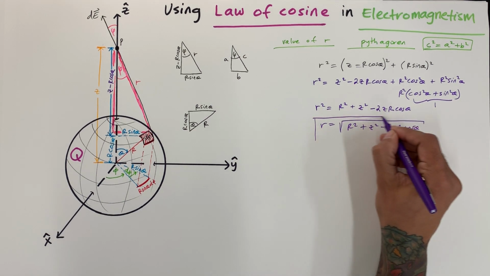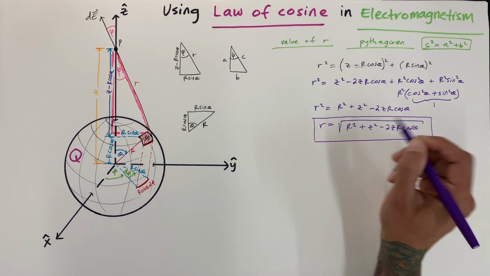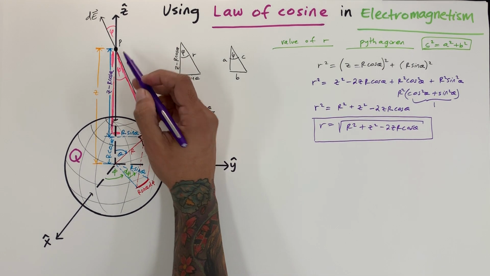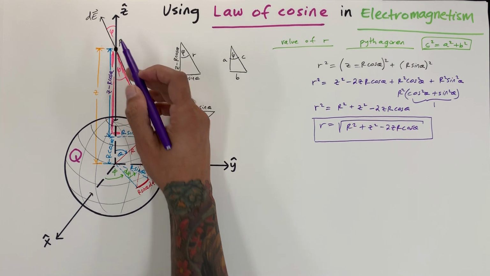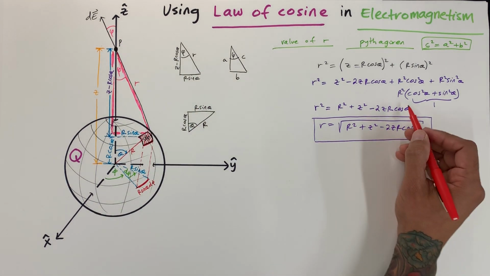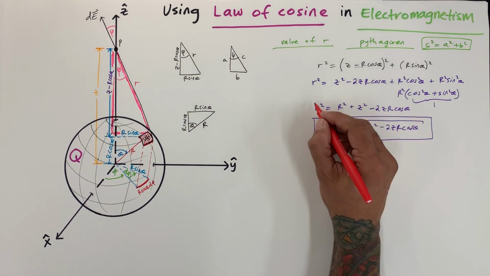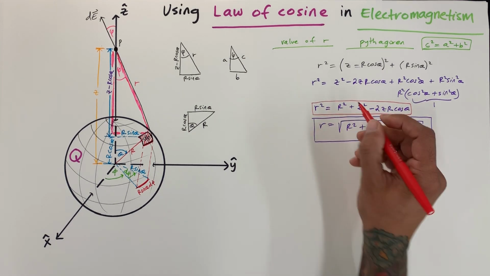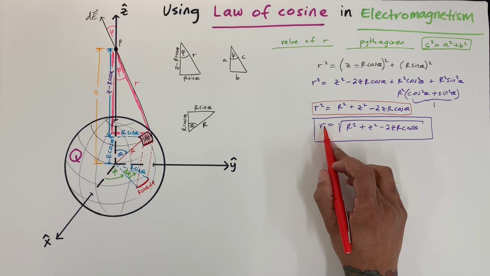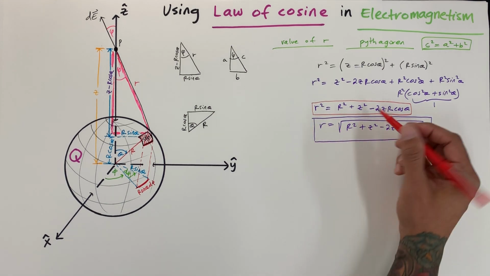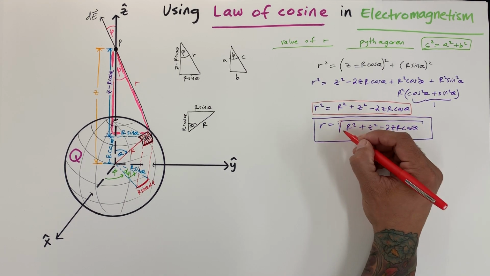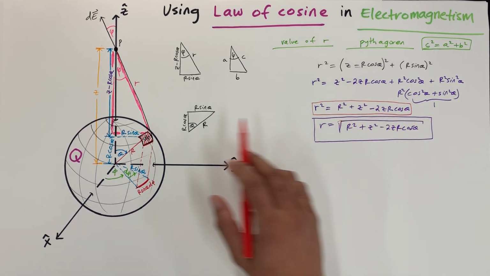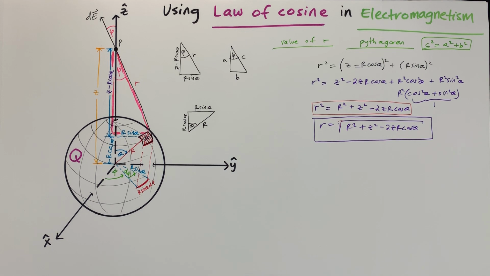This is the radius from the charge of the sphere to the point, and this up here is the law of cosines, which is the same thing as the bottom one, except we put the 2 as a square root on the other side. So they're the same thing, but we found the law of cosines just using our triangles here.